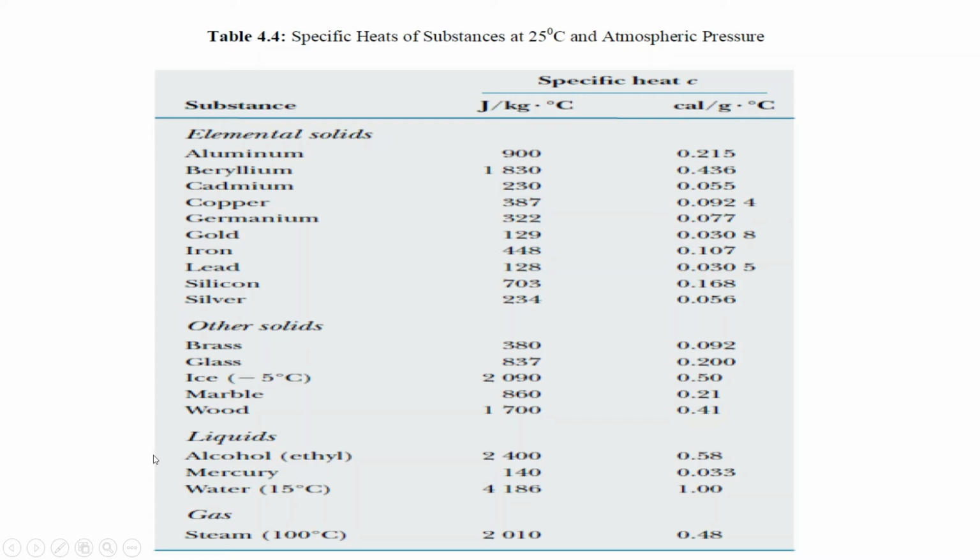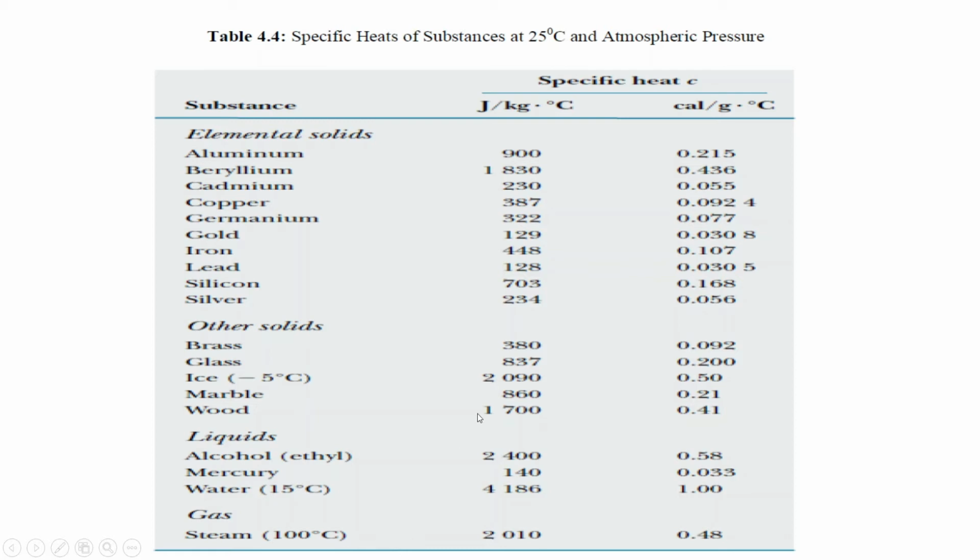And for water at 50 degrees Celsius, we can have a C value of 4,186 joules per kg per degree Celsius, and in terms of calorie per gram degree Celsius, it is equal to 1.00. In steam form it is around 2000.